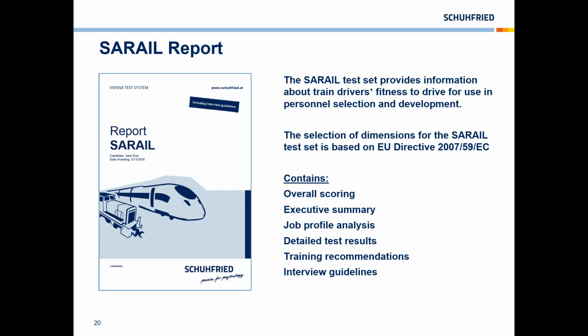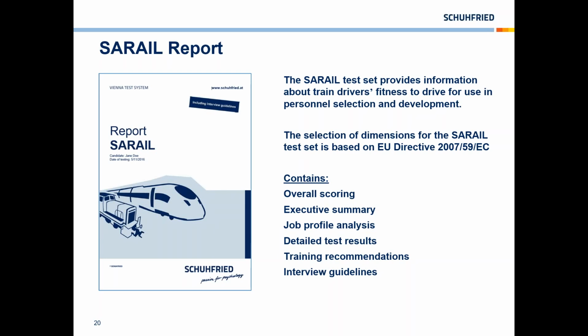This SRA report features the same structure as the SR Road report. You have that hierarchical job profile, the different levels or areas of abilities that are necessary for the job. You've got an overall scoring, and an executive summary, a short verbalized form of the entire assessment.